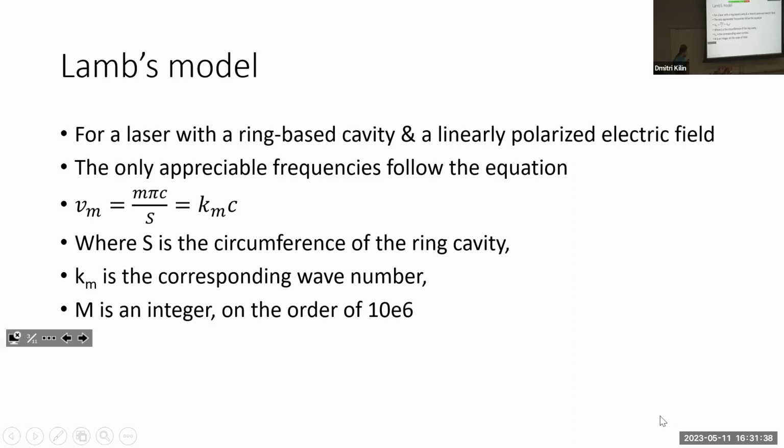S being the circumference of the ring cavity, k_m being the corresponding wave number, and m is just an integer on the order of 10 to the 6th, so a million, to make it work. And c is the speed of light, a constant.